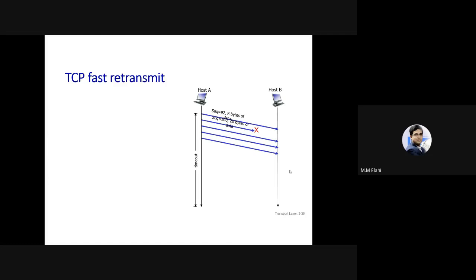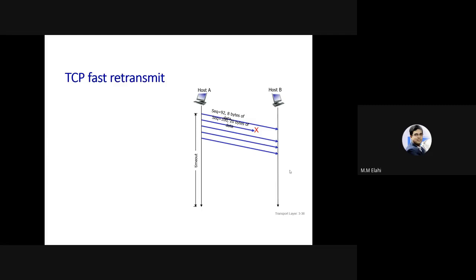Now, if in this case host A waits until the timeout, what will be the problem? Response will be slow, because the second data segment is lost. We know it is lost, but sender will not know until timeout is over. So in this case, there is a second option. It is called fast retransmit, because it works fast.